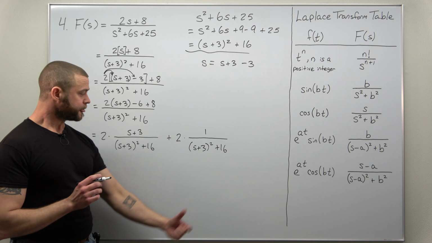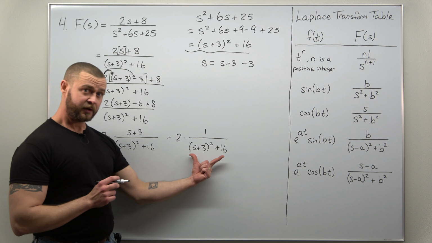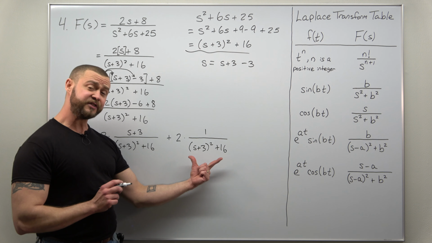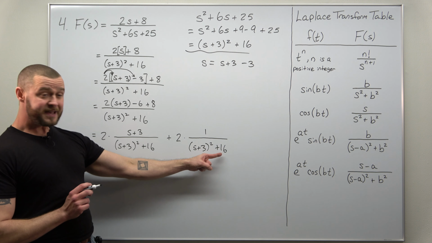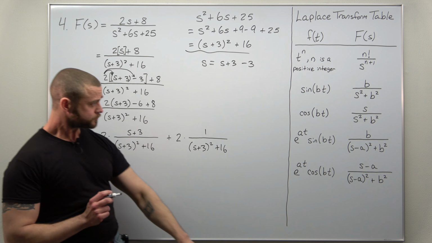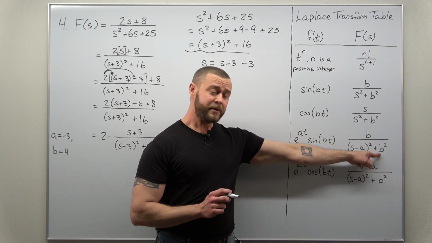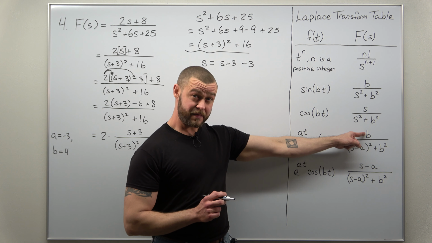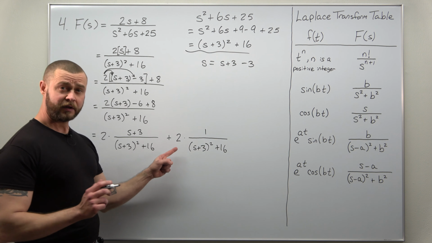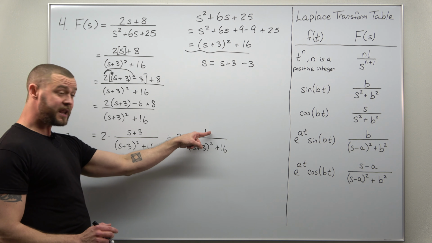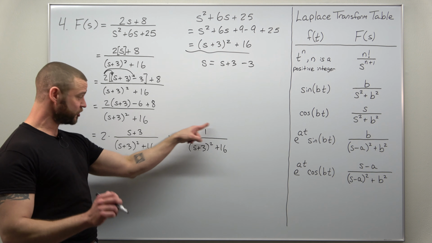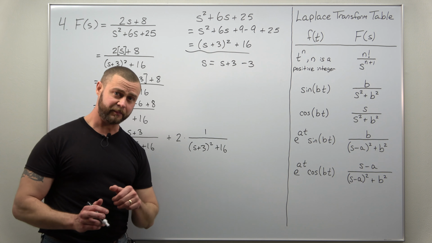All right, now your second fraction here, this is one where we're going to have to adjust any missing factors. Since we have b identified as 4, we would need a factor of 4 in that numerator there. Now there's 2 ways you can do this. Here I like to pull any constants that I don't need initially out front and then adjust them later.